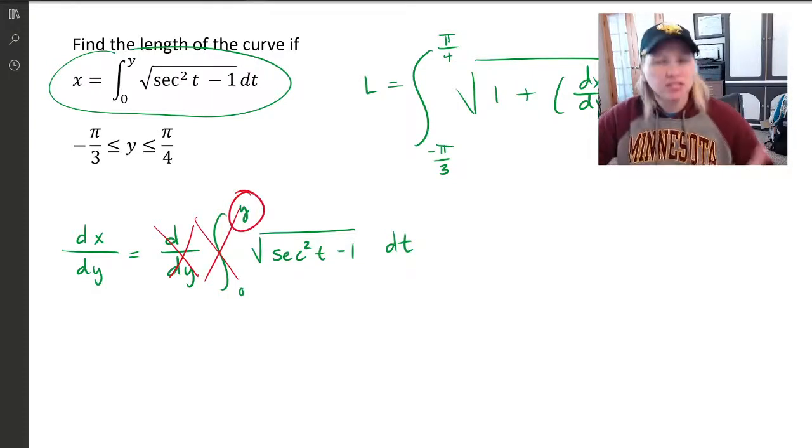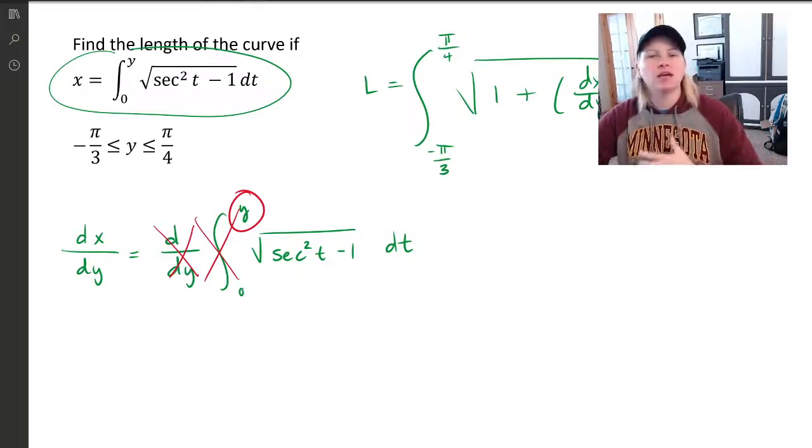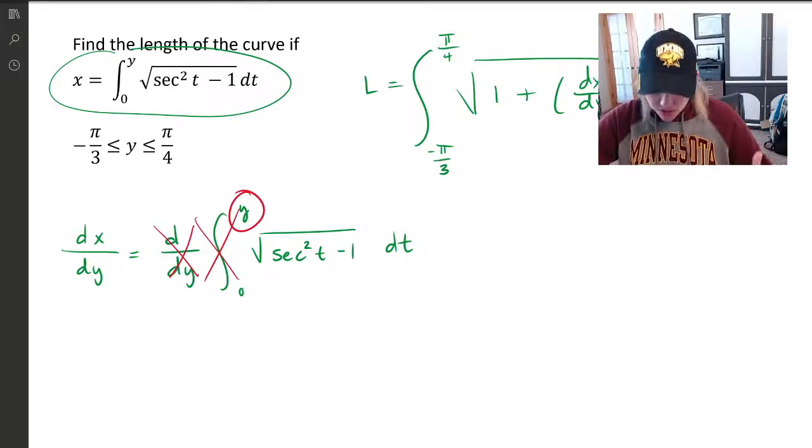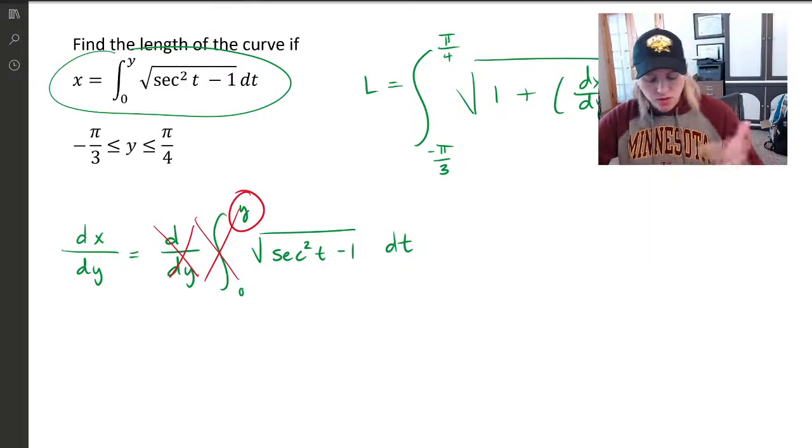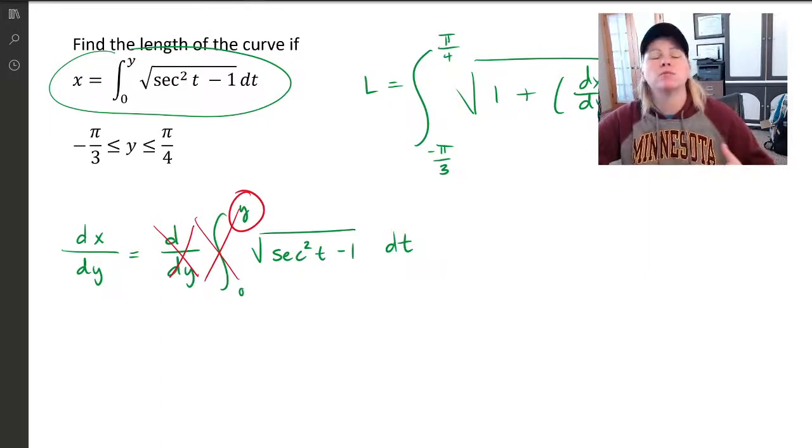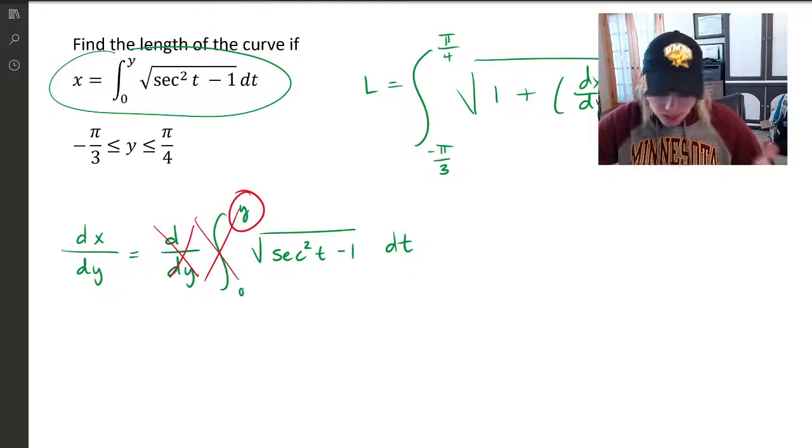We're also going to include the chain rule, because we treat it as its own function within a function. If it's y squared, we would have to multiply by a 2y. That's the chain rule involved here.